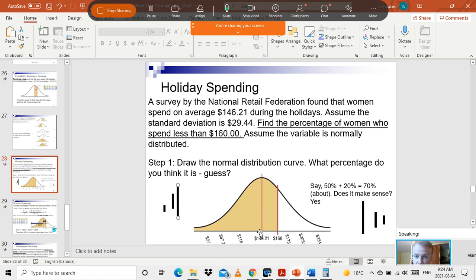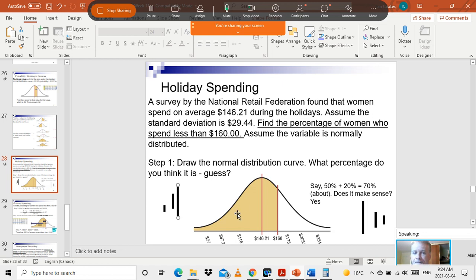Well, we know that this is 50%, so right then and there it's 0.5. And then we've got this amount in here. What do we guess? 20, 30%, somewhere in there. So we're looking for an answer around 70%. Does it make sense? Would you agree? I hope so.